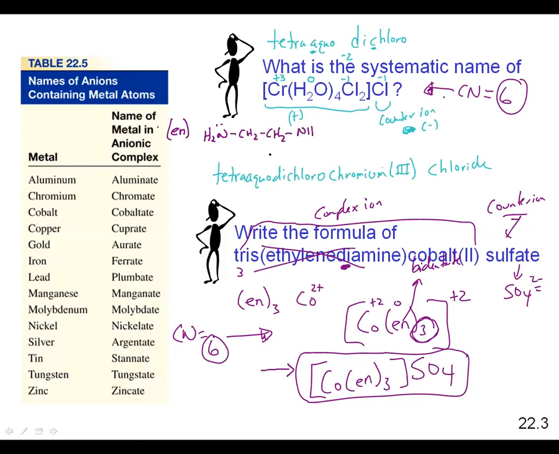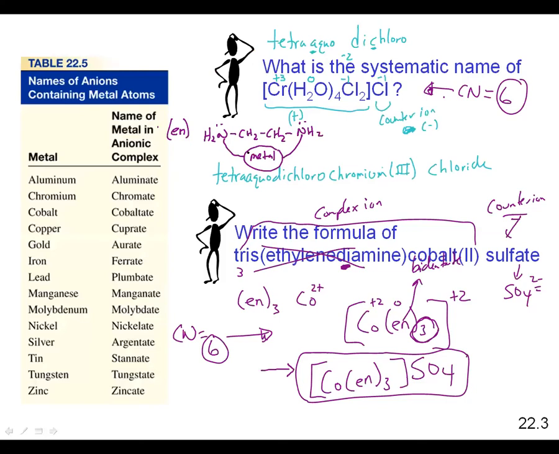At this nitrogen and at the nitrogen on the left, in each of those en molecules, it can bind in 2 different places per molecule. So when we have 3 total of those en molecules, each one could attach in 2 places. And again, 2 times 3 gives us a grand total of 6 for the coordination number, because it's a bidentate ligand. And that's how we get to 6.